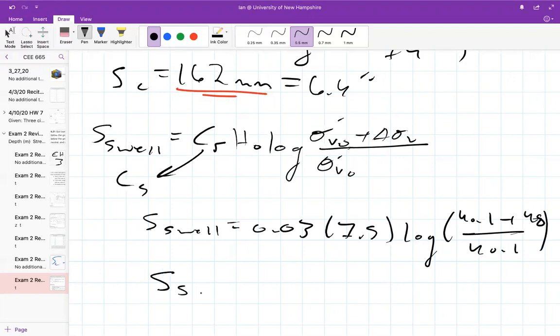So the swell settlement is 77 millimeters. And let's put that into perspective again. That's about 3 inches.